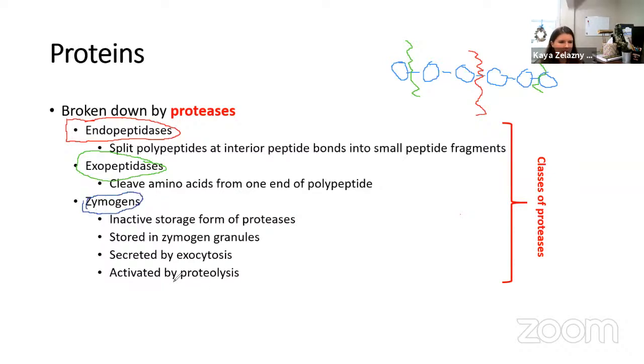They're going to be activated by something called proteolysis. This is like what was happening with pepsinogen and pepsin in our gastric juice and stomach acids. So zymogens are going to have to be lysed a little bit, broken down a little bit, in order to reach their active form.